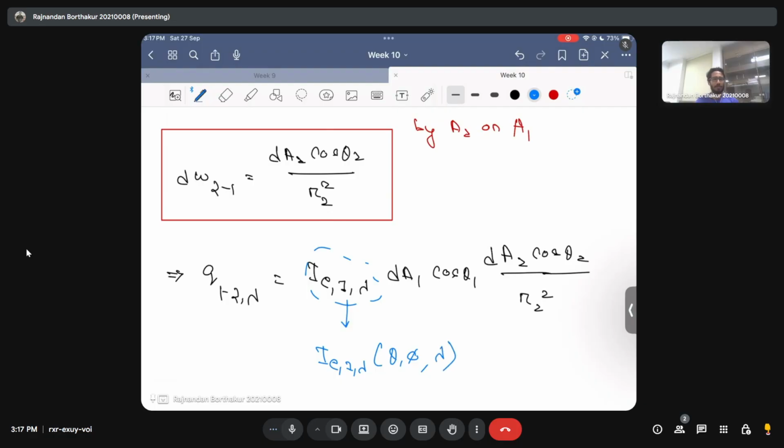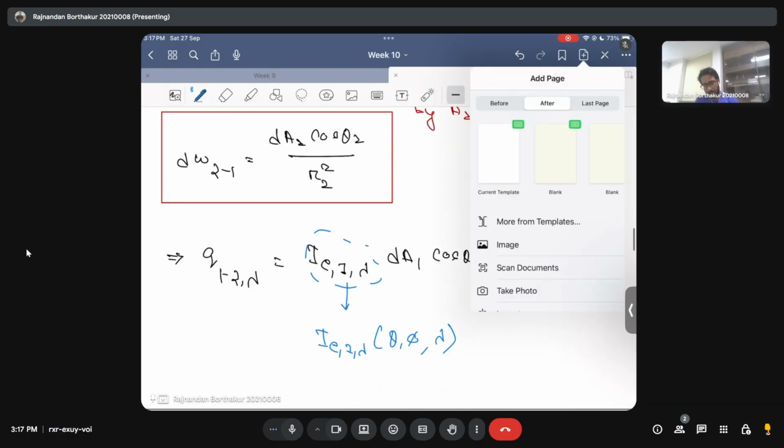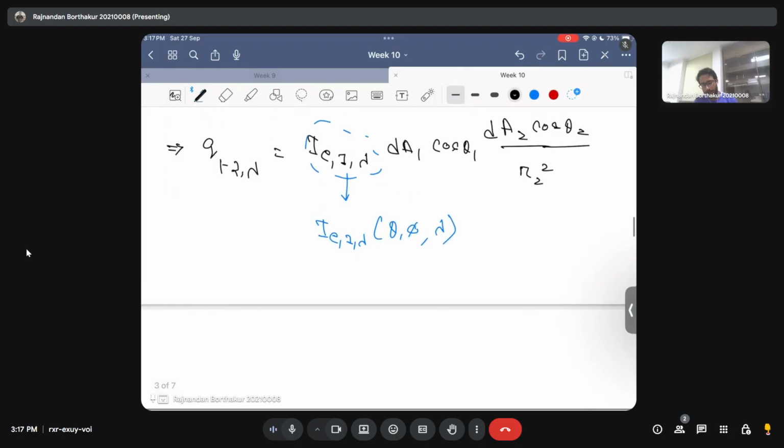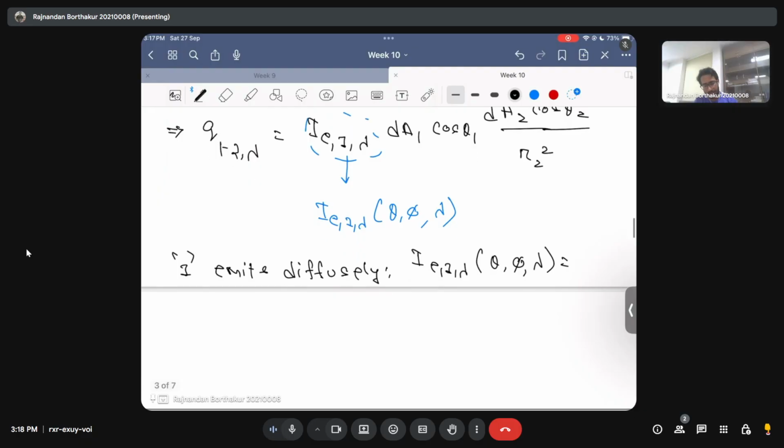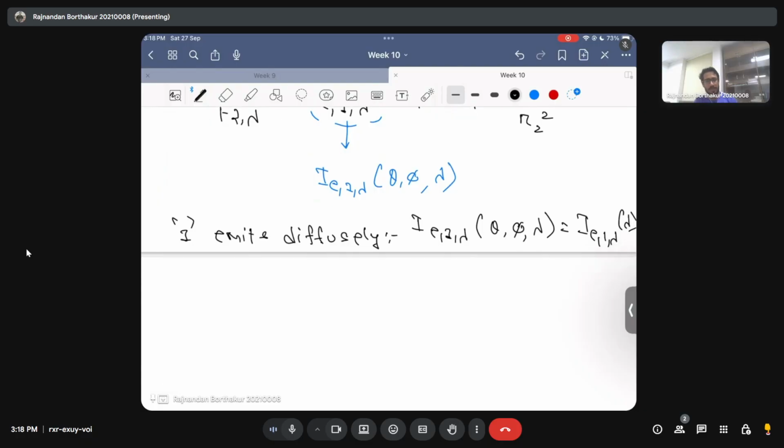But because the question says that 1 emits diffusely, I can say that IE1 lambda, which in general is a function of the direction theta and phi and lambda, now, since this is a diffuse body, is just IE1 of lambda, a function of lambda only.